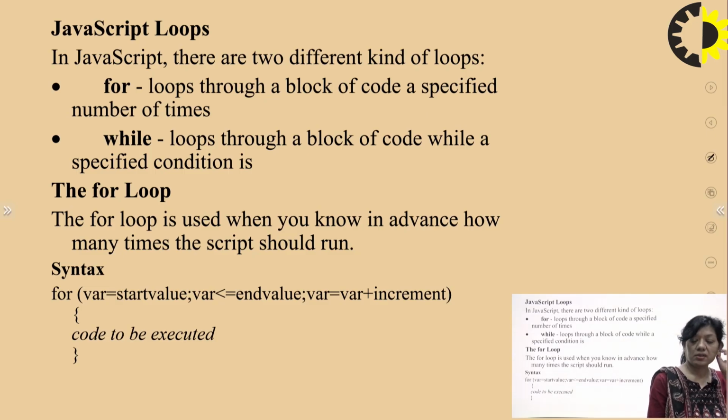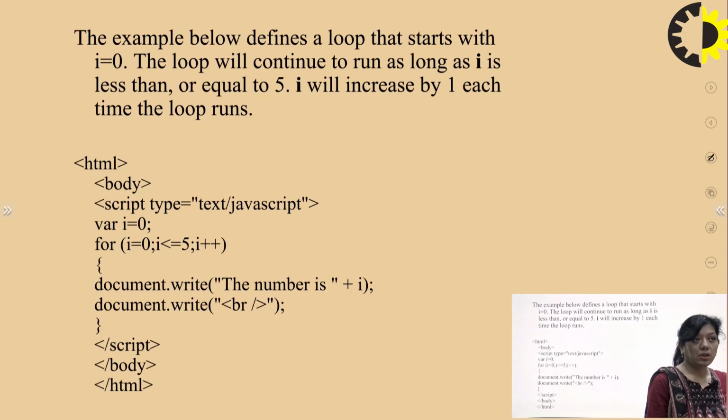This is the syntax of for loop. Here I'm going to give you an example of for loop. This example defines a loop that starts with i equals 0, and the loop will continue to run as long as i is less than or equal to 5.